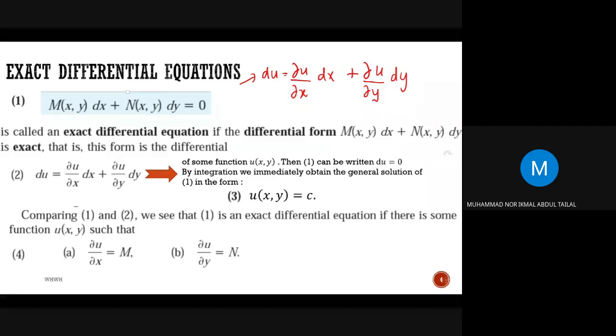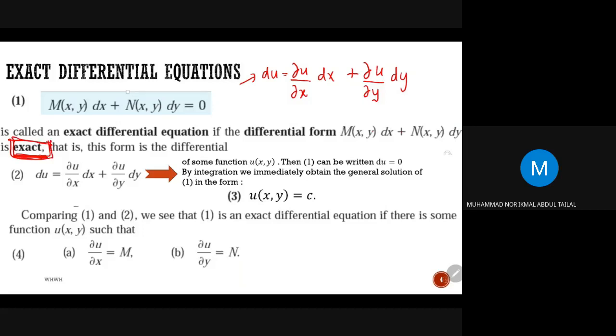Alright, so for this one, okay, this first equation is called an exact differential equation if the differential form M(x,y) dx plus N(x,y) dy is exact. Ni yang kita nak find out.